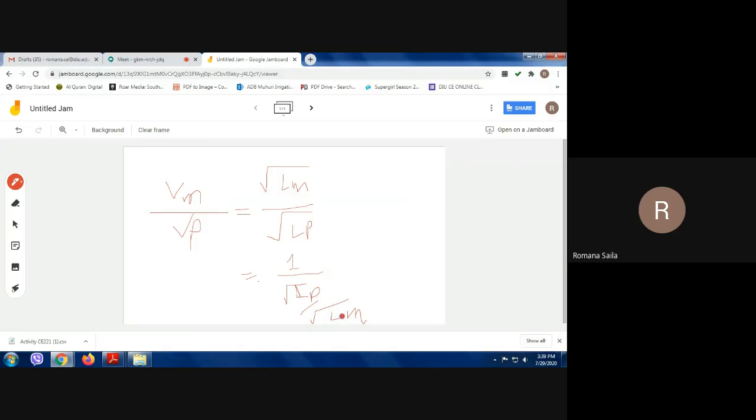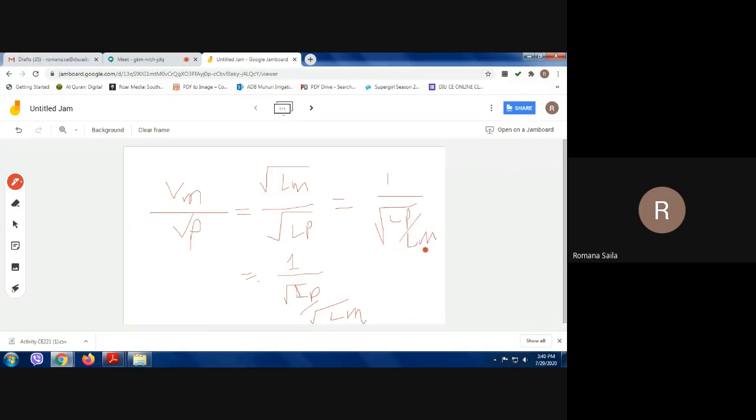So it's pretty clear that we can write it this way; these have the same meaning. So now we can see that Vm by Vp is equal to 1 by root over Lp by Lm, that means we can write root over Lp by root over Lm.